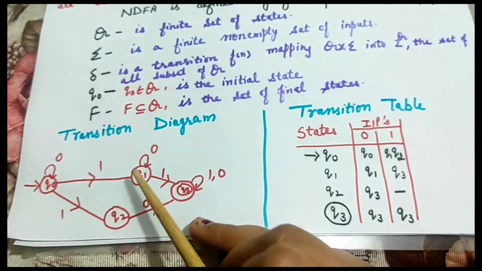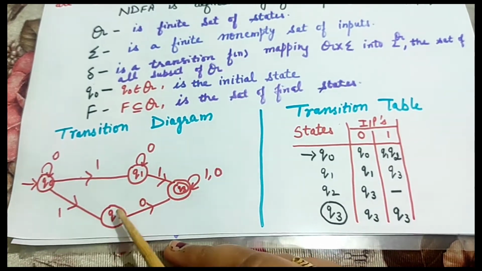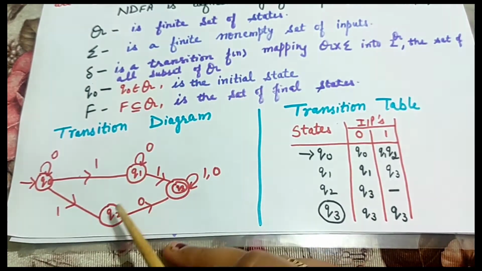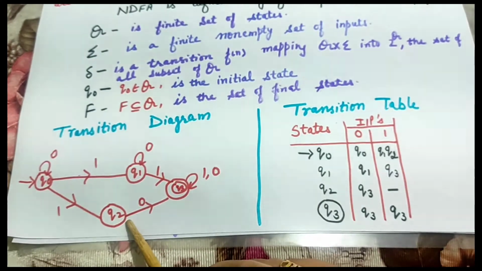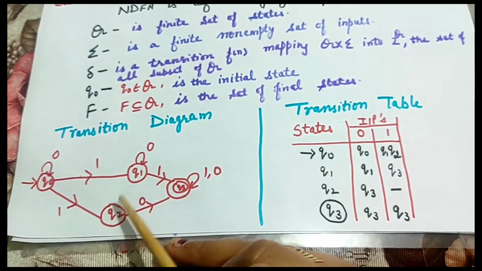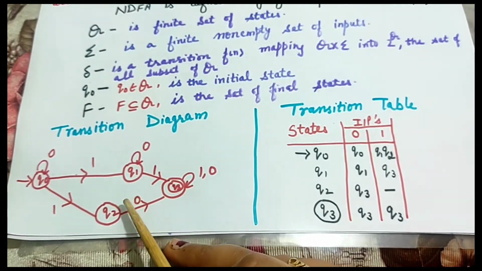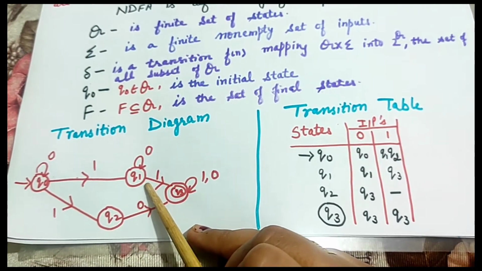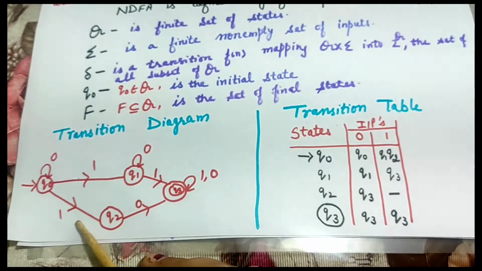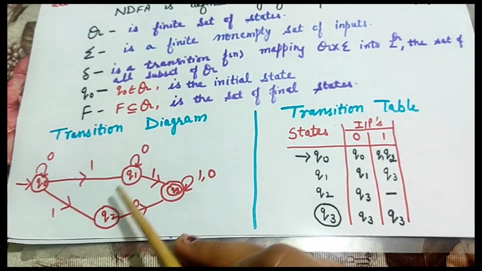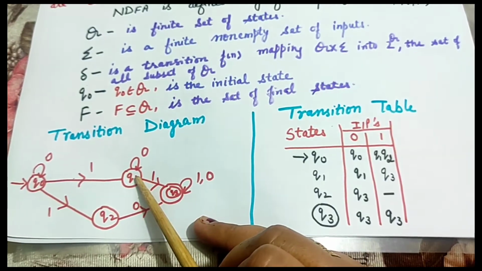These 2 states are not determined. Either it will go to Q1 or it will go to Q2. So here there is not a definite state. That's why this is known as non-deterministic finite automata, because for the 1 input, it gives 2 or more different states.